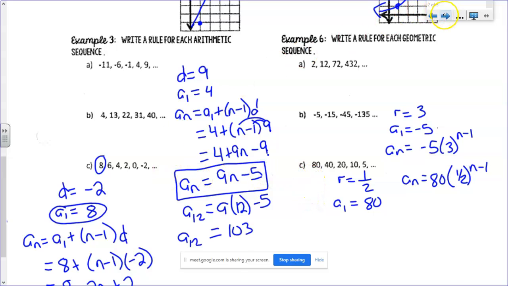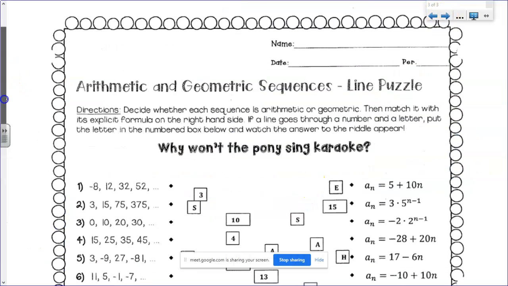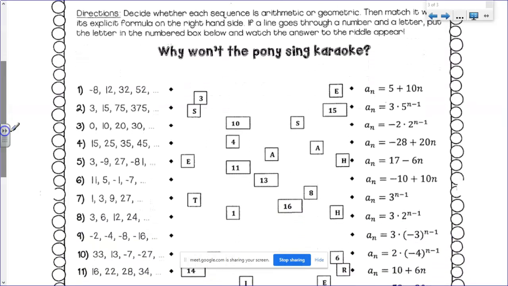All right. On the back of this worksheet, and this is not going to be a grade, I just know some of you are going to need extra practice, which I'm going to give you on the Go formative. So I want to show you. On this first one here, what is the first term? -8. And is this arithmetic or geometric? Arithmetic.